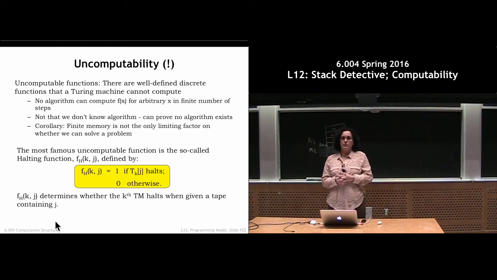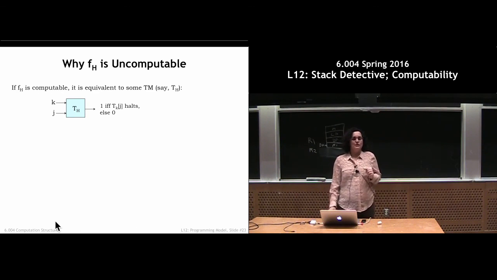And the way that we prove that it's uncomputable is by assuming for a second the reverse. So suppose that I actually say that the halting function is computable, okay? If it's computable, then what we've learned today is that means that there exists a Turing machine, let's call it T of H, which given an input j can determine whether or not my machine is going to halt, okay?